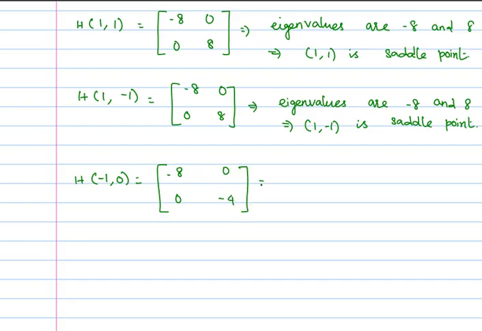So eigenvalues are minus 8 and minus 4. So this implies minus 1 comma 0 is a relative maximum.